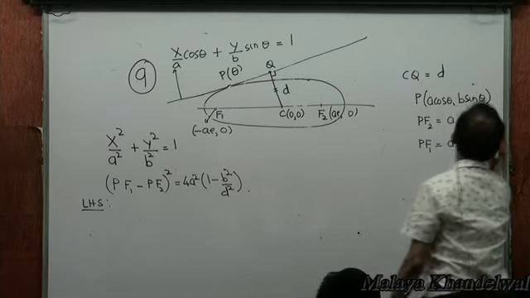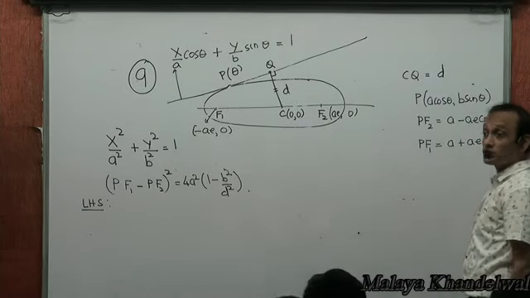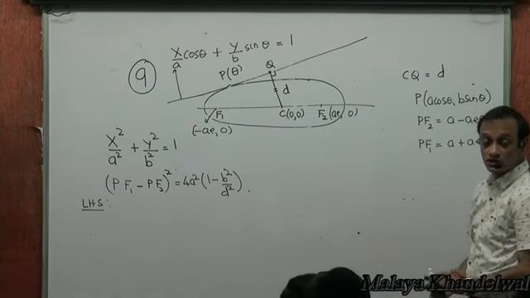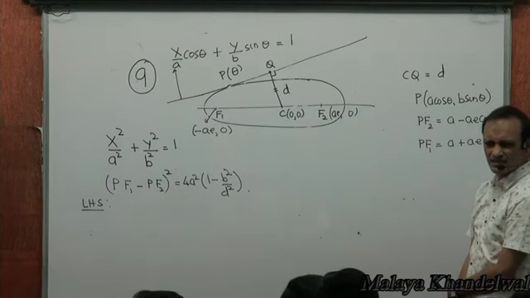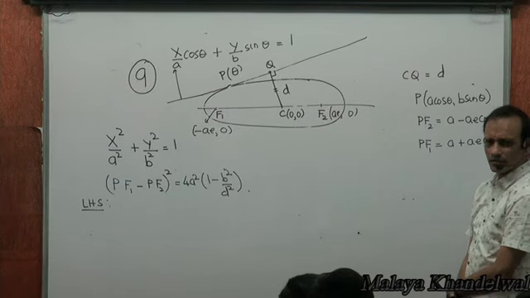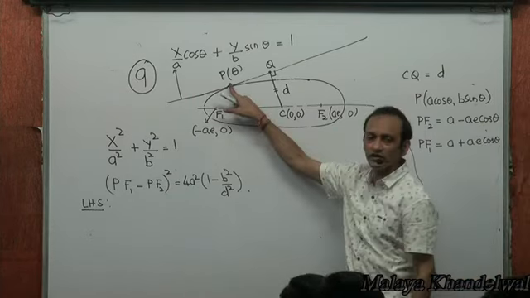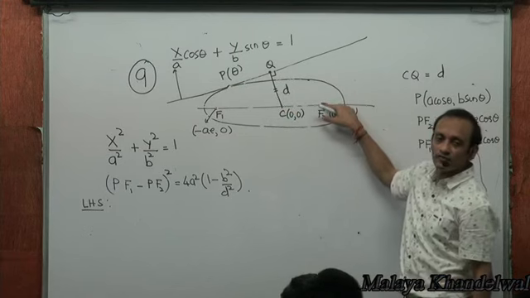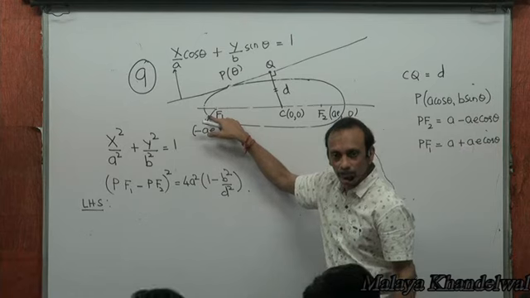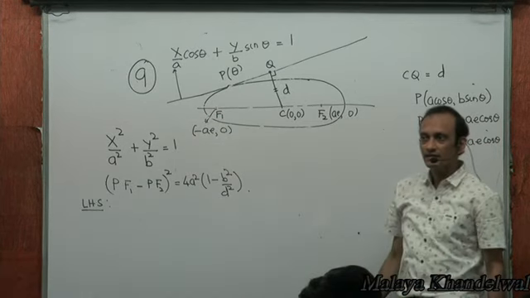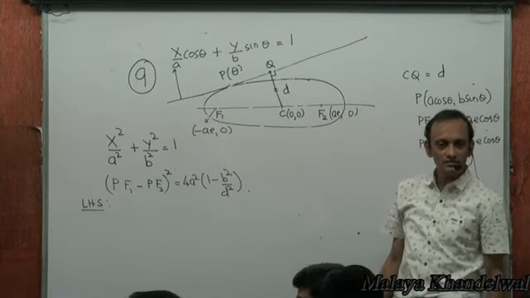Yes or no? Have I given you this result? Distance of a point from the two foci, a plus ex and a minus ex? Don't remember. If x, y are the coordinates of this point, then F2P would be a minus ex, and this is going to be a plus ex. I have not given this result?